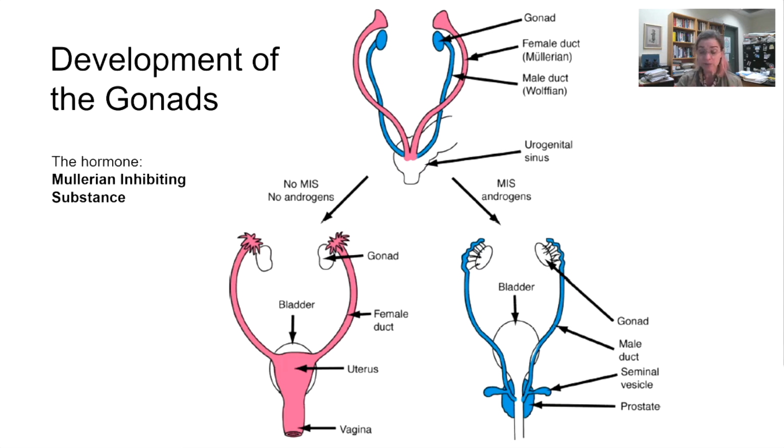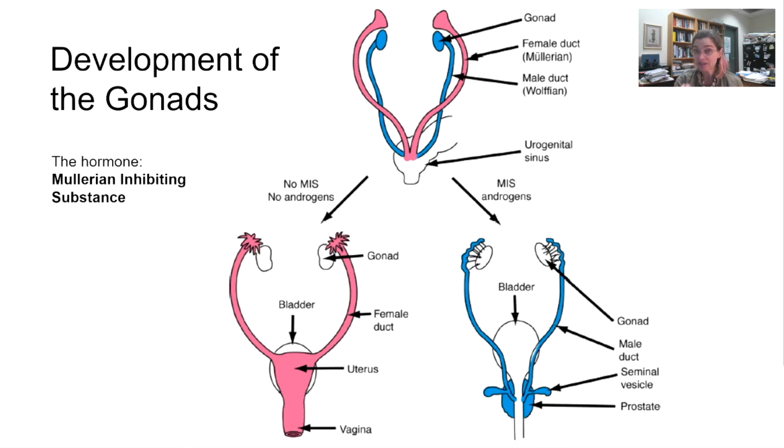So what happens is when the SRY gene turns on, it leads to a cascade of events that starts the maturation of the testes. As the testes start to mature, they release a substance called the Mullerian inhibiting substance, MIS. When MIS is expressed, the Mullerian duct starts to be resorbed.